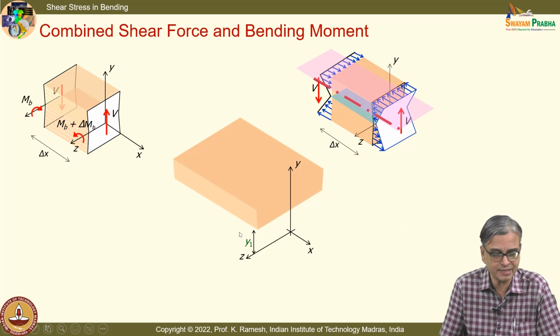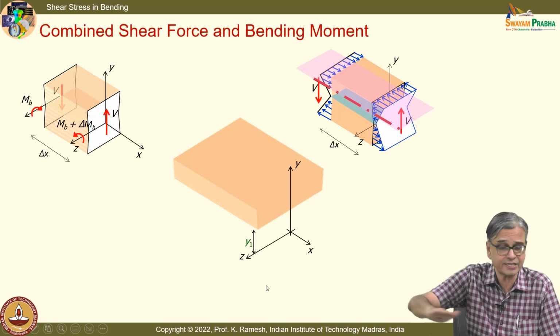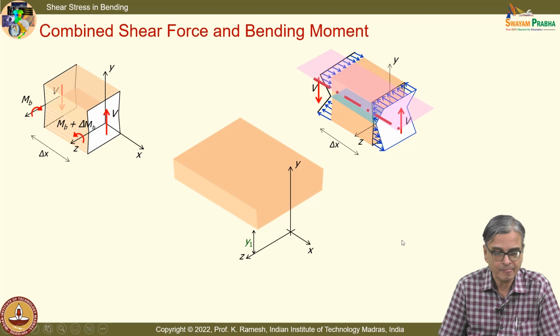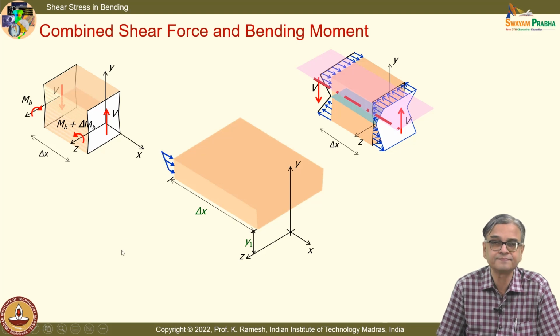To make our mathematics clear, we have identified this section, what I have put is at a height of y1, and I put a horizontal section, and the element is delta x. So, I have bending stress indicated on this face and bending stress indicated on this face, and it is also put for the entire width of the beam.